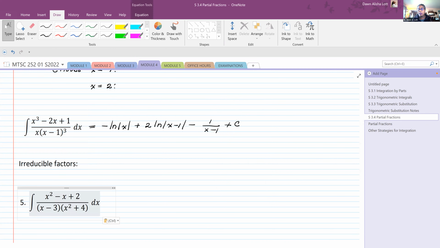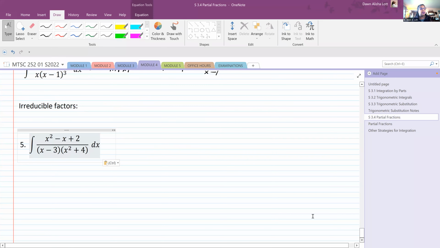Here in problem 5, you see that we have x minus 3, that's a linear factor, but I have a quadratic x squared plus 4. If that was x squared minus 4, then I could factor it into x minus 2 times x plus 2, and I would have, once again, all linear factors, but I can't.